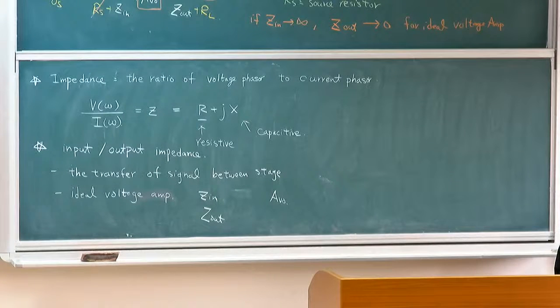Okay, so then we have a basic understanding as to what is needed for a voltage amplifier. The next thing is then, how does one determine its impedance in a circuit? So these are all small signal models. We want to find the small signal.